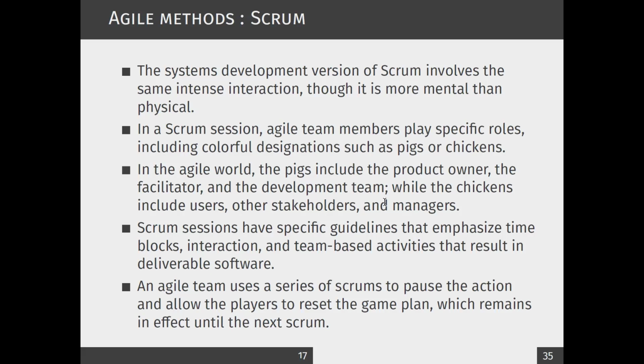Chickens means users, other stakeholders and managers come under chickens. So when we have a specific guideline, time blocks, interactions, and team-based activities, they result in deliverable software. The idea in Agile is that it uses a series of what we call scrums, and you can record the actions and then make any changes until the next scrum.